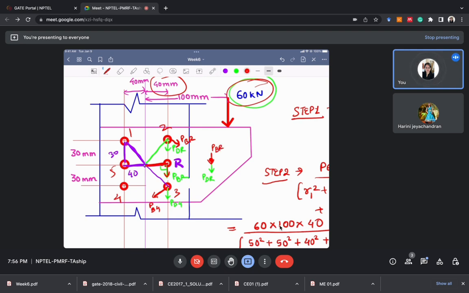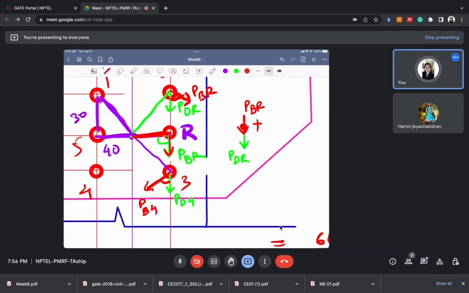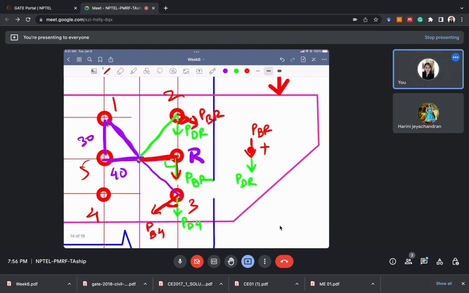So in this case, you can either add both of them. For bolt number 2, the angle is not 0 degree; there is some value of angle. For this bolt also, there is some angle between PBR and PDR. But for this case, both PBR and PDR are in the same direction.